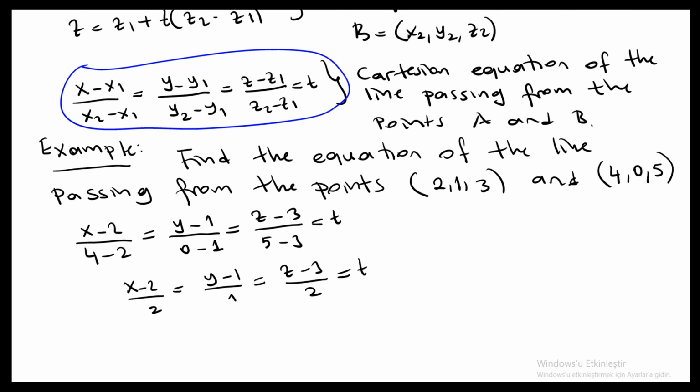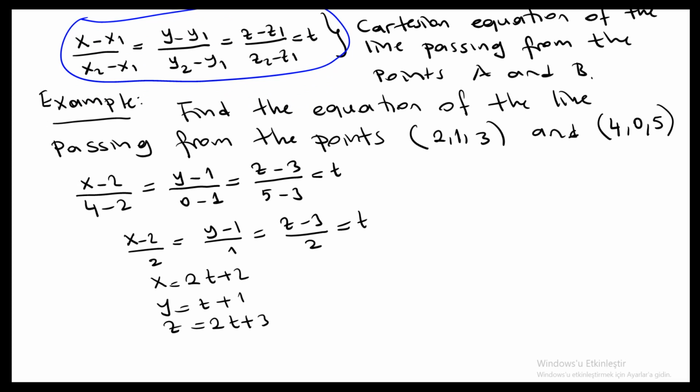So this is the Cartesian equation. If you write in this form, x equals 2t plus 2, y equals t plus 1, and z equals 2t plus 3, this is the parametric equation. If you write in this form, (2t plus 2, t plus 1, 2t plus 3), the last one is the vectorial equation of this line.